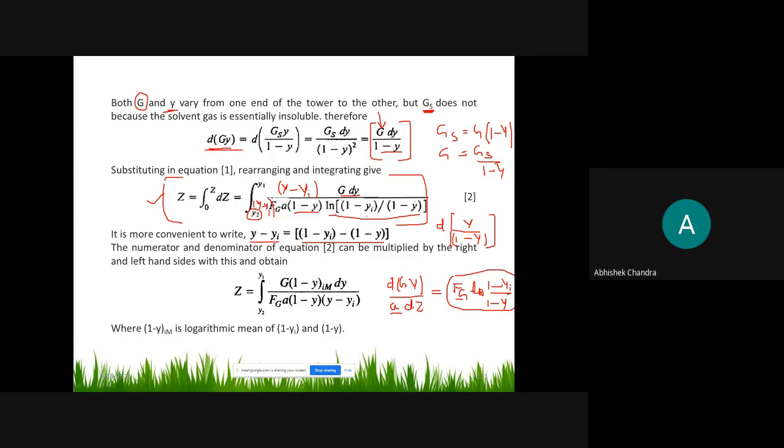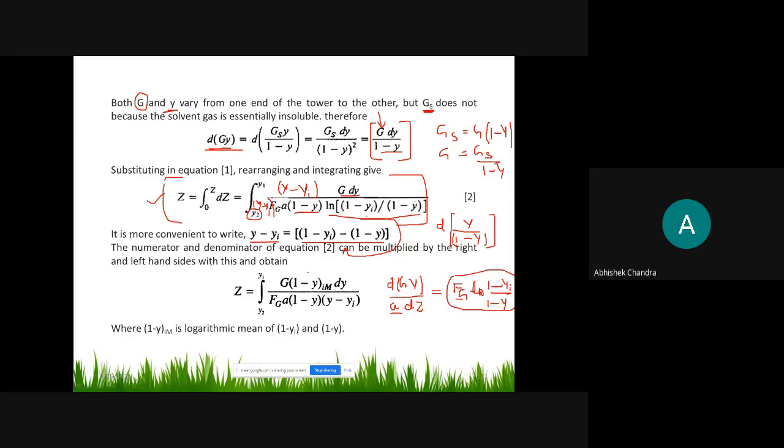Because in the denominator this is written as ln of 1 minus yi upon 1 minus y. So we write this into the numerator, so divide by this term, because this term is in the denominator, this will represent the logarithmic mean, that is, 1 minus yi within bracket minus 1 minus y divide by ln within bracket 1 minus yi upon 1 minus y. So this is the logarithmic mean.